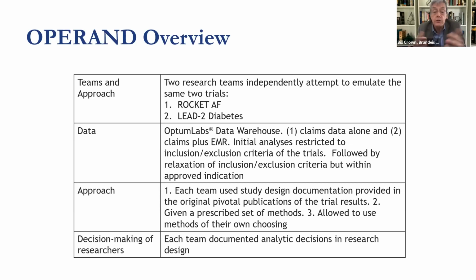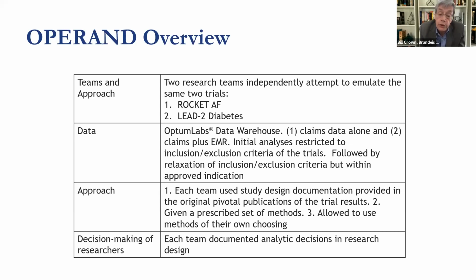So the idea was to sort of bring those two different types of data together and look at analysis with the claims data alone and the claims data plus the electronic medical record data. We initially restricted to the inclusion and exclusion criteria of the trial and the design of the trial as closely as possible. And then we looked at the broader patient populations.